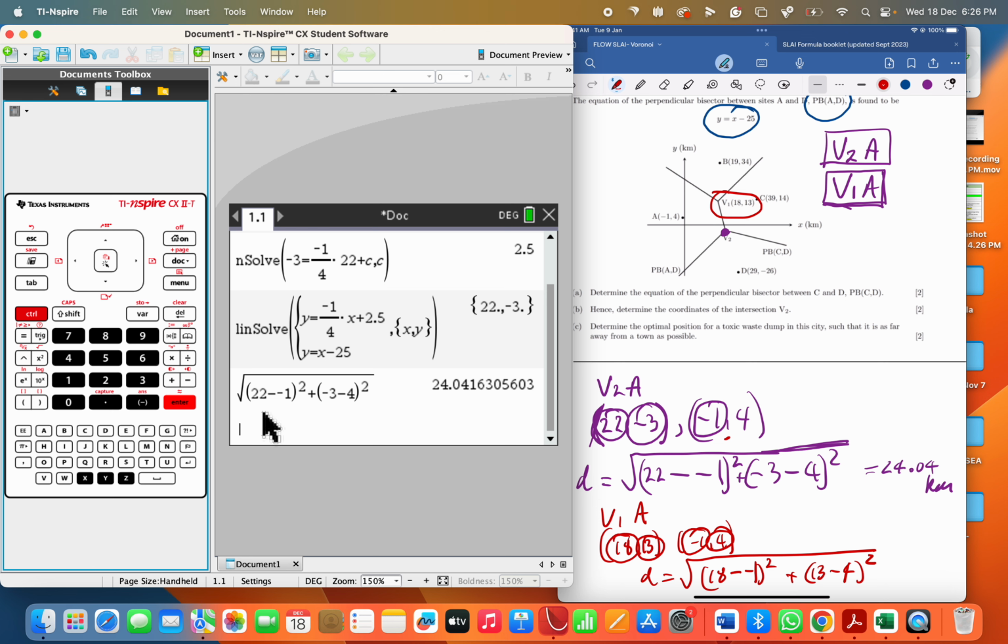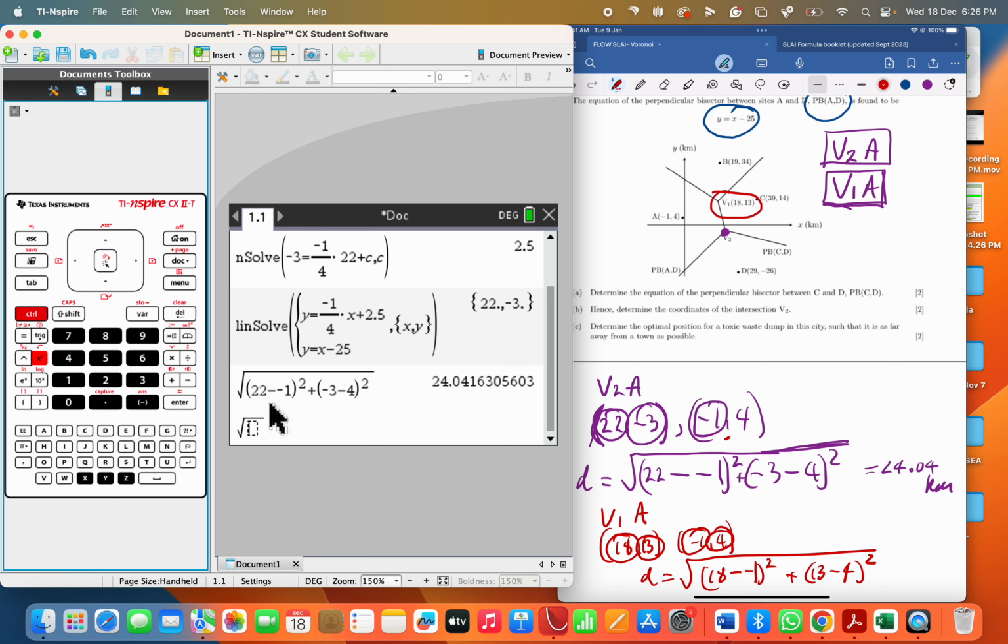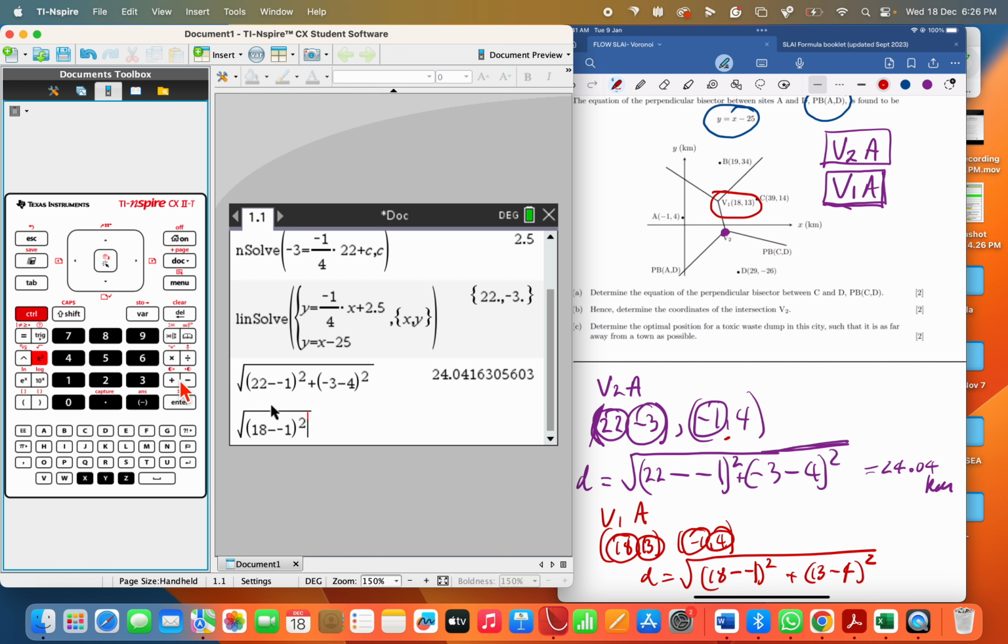Let's go ahead with our calculator, and we're going to type in open bracket, 18 subtract -1, arrow to the right, and then squared, and then plus open bracket 13 subtract 4, arrow to the right, and then squared.